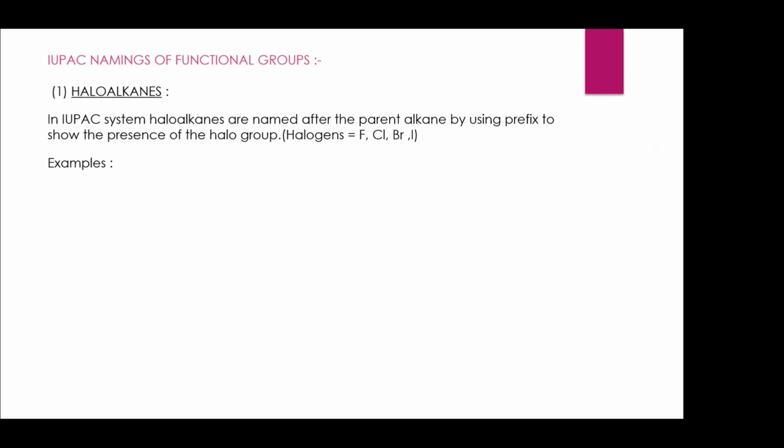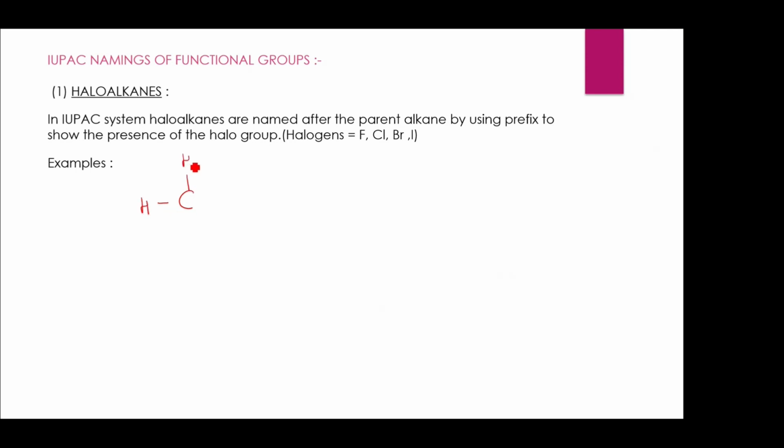Now we will see the IUPAC name of the functional groups for haloalkanes. In IUPAC system, haloalkanes are named after the parent alkane by using prefix to show the presence of the halo group. Halo group means halogen group. Halogen group means fluorine, chlorine, bromine, iodine. These all are the halogen groups. So let's see one example.